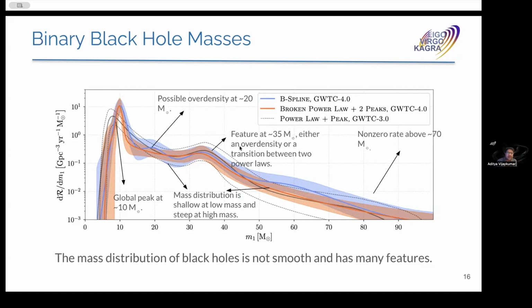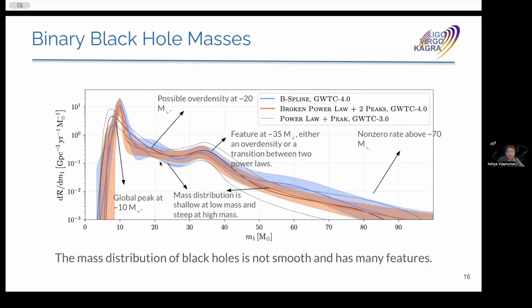There's a global peak of the mass distribution at about 10 solar masses. This says that 10 solar mass black holes are the most abundant black holes merging in the universe. But if you look at the rest of the mass distribution, there are a lot of other features.